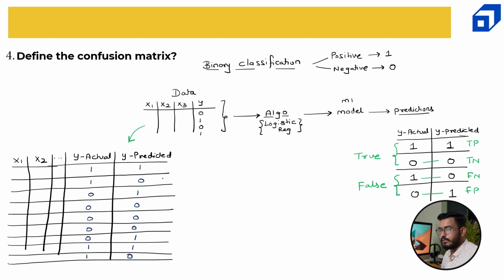Now what is the meaning of this? A particular observation which was positive was predicted as positive. A particular observation which was positive was predicted as negative.